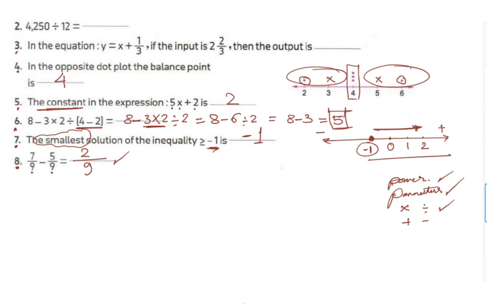Point 3, in the equation y equals x plus 1/3, if the input is 2 and 2/3, then the output is what? What is the input and what is the output? The input is the independent variable. Which one is the independent variable, x or y?